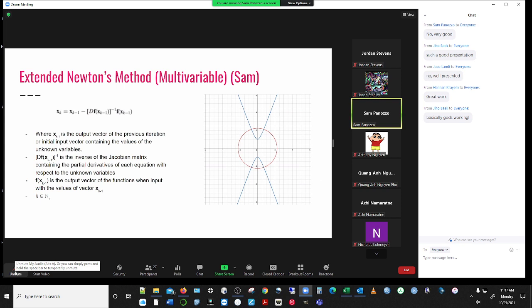Another thing with this method is that in order for it to work appropriately, we need to make sure that the Jacobian is a square matrix in order for it to be invertible, as shown on the screen, due to the -1 index. So you need to have n number of equations with n number of unknown variables in them in order to make sure that you can invert it.